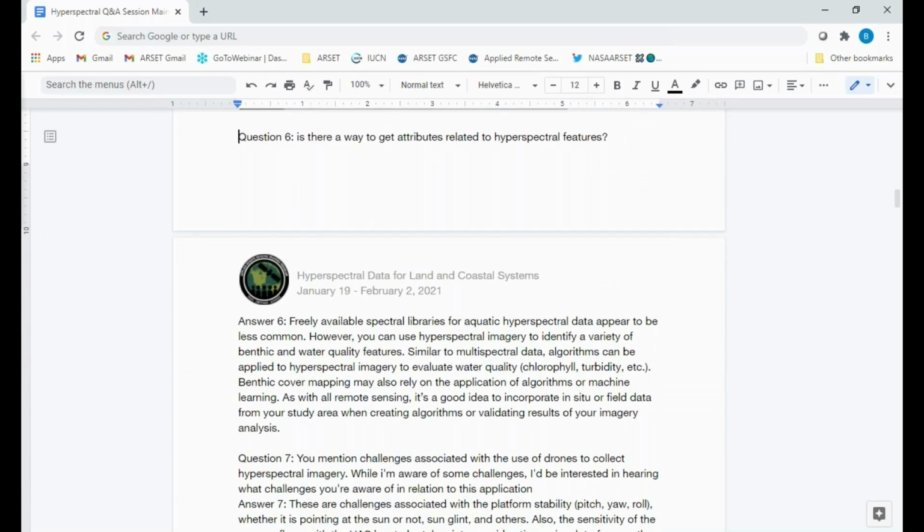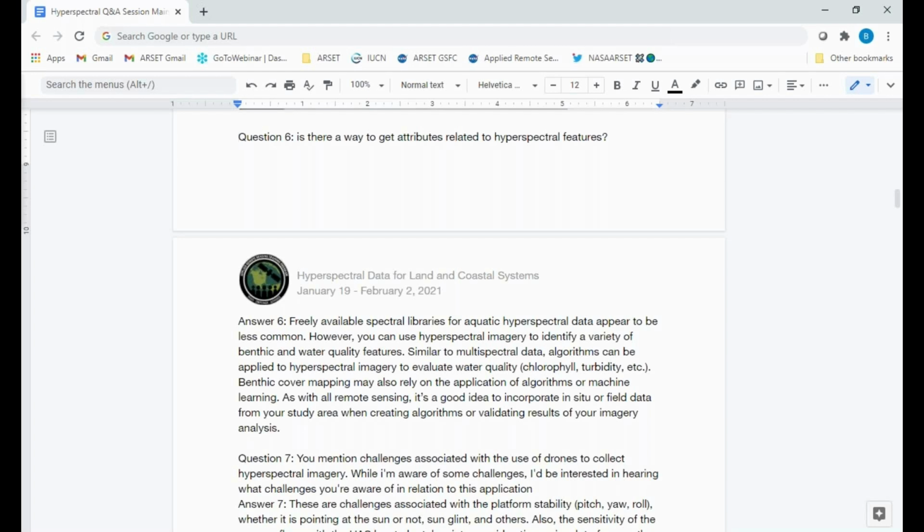Is there a way to get attributes related to hyperspectral features? Okay. So for hyperspectral, particularly for aquatic hyperspectral data, freely available spectral libraries are less common.